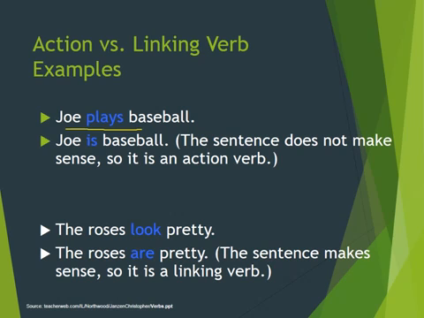So again, if you want to know if it's an action verb or a linking verb, take the verb and switch it out for a form of the verb be. And then once you put that into the sentence, see if it makes sense. Look at this one here. The roses look pretty. So let's change that to one of the verb forms of be. So are is one of those.